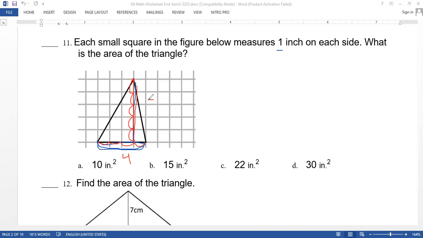So the height is 5. So 5 multiply 4 equals 20, but because it's a triangle, we need to divide by 2. So 20 divided by 2 is 10. So 10 inch squared. What's important in this question? You have to be careful to identify the base and the height.